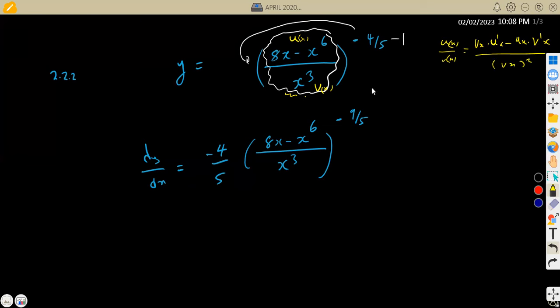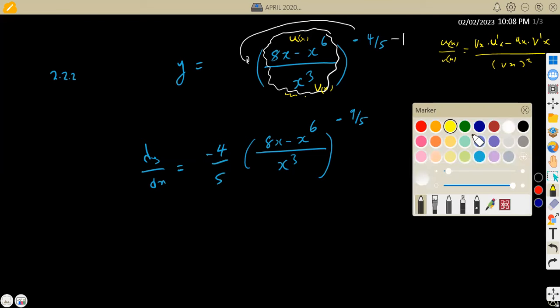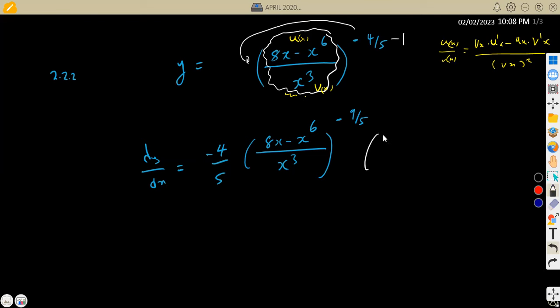So that means we are supposed to apply this concept, guys. Let us apply it. v(x) in this case is the denominator, so it is going to be multiplied by whatever we obtain.